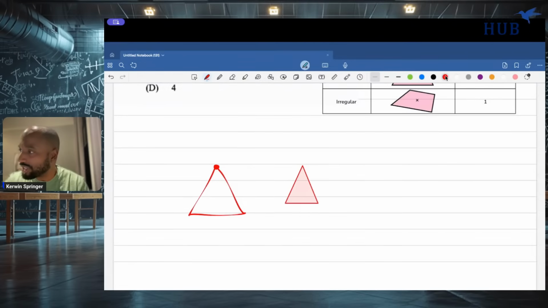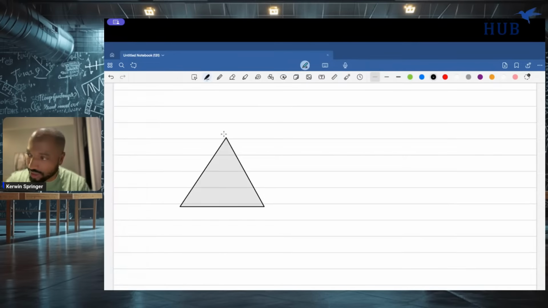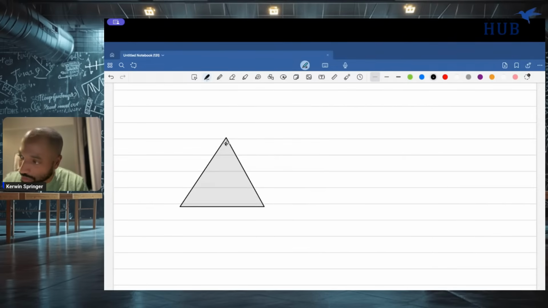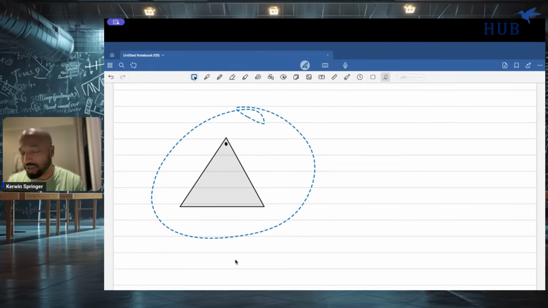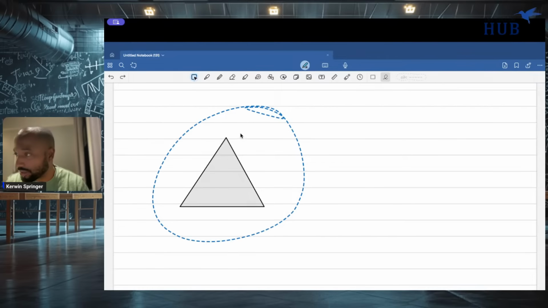Rotational symmetry means if you could spin it around, it will superimpose on itself now, buddy. So let's take an equilateral triangle, and let's say I secretly put some invisible ink right there. Now I could draw over this equilateral triangle. Remember it's invisible now, buddy.